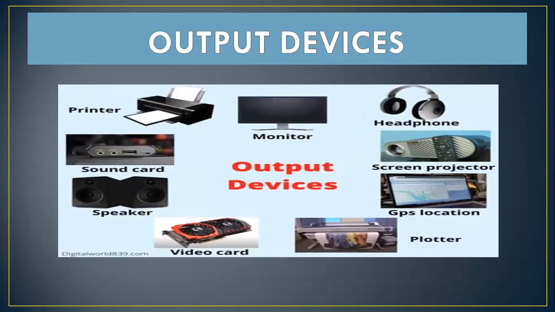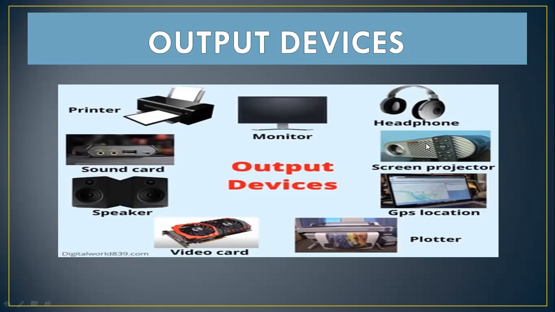Okay, here are some output devices. What are output devices? They give us something out of the computer. A computer is a combination of input and output devices. So we have printer, monitor, sound card, speaker, video card, GPS location, screen, projector, and headphone. These all are our output devices.